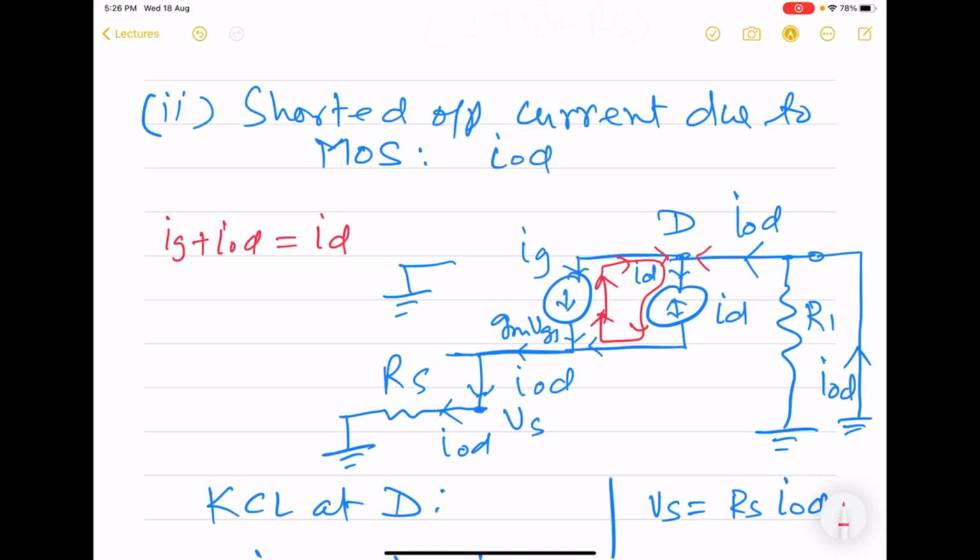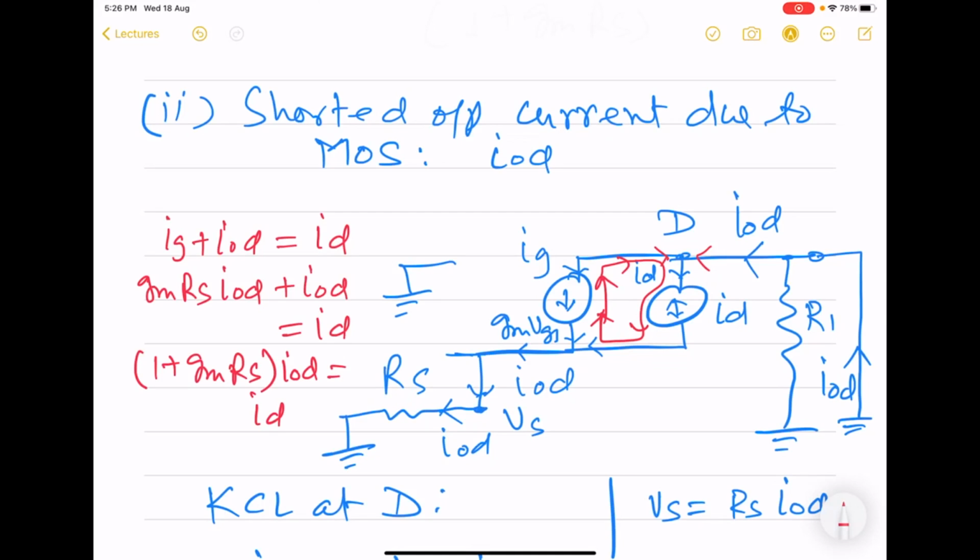And the magnitude of IG we have already found out. It is gm RS into IOD. So (1 plus gm RS) IOD is equal to ID.